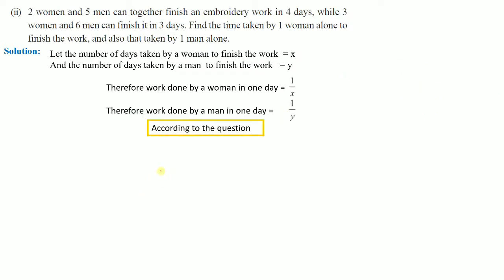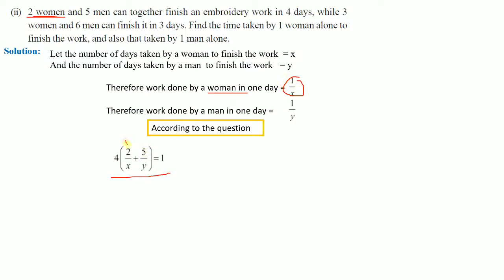According to the question, 4 into 2 upon x plus 5 upon y is equal to 1. You need to understand what this actually is. Look here, two women are engaged in that work. So one day's work by one woman is 1 upon x. So for two women working on the same work, it will be 2 upon x.